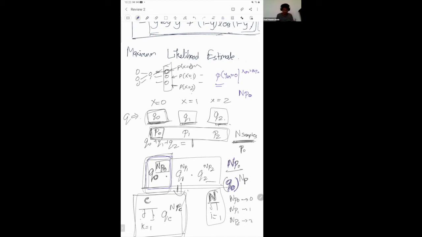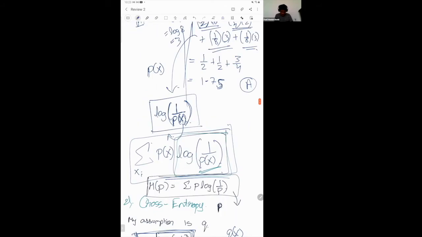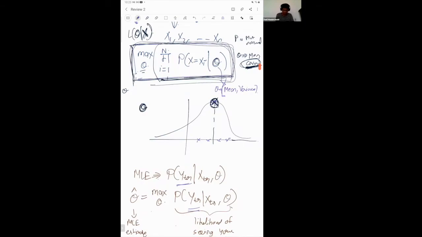My model says Q0 is the probability of seeing each of those samples, which is Q0 raised to np0. So that's where this likelihood relates to that.